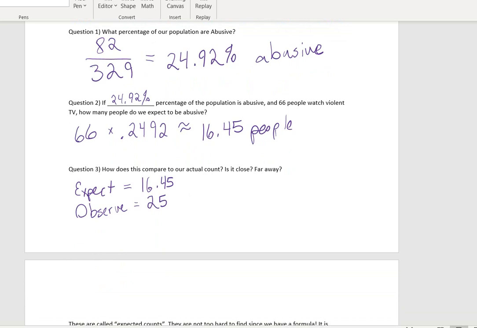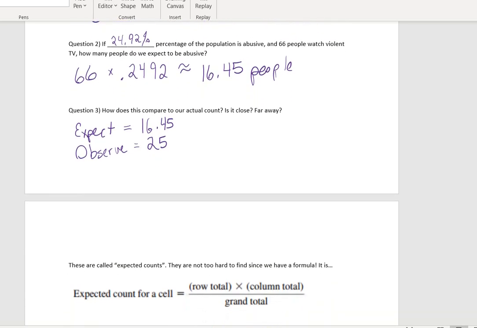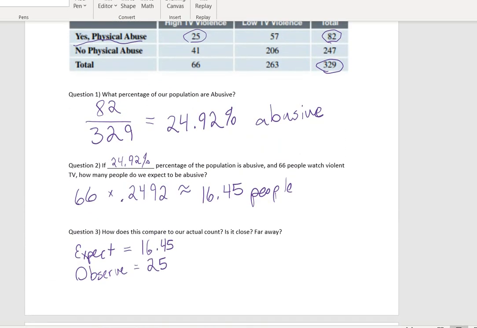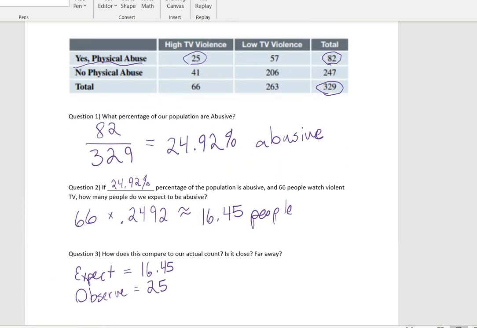So are those close or are they far away? Well, they're pretty far away. So what we think is that maybe people that watch high violence TV are going to be more likely to be physically abusive, or another way of saying that is that people that are physically abusive are correlated with high violence television.